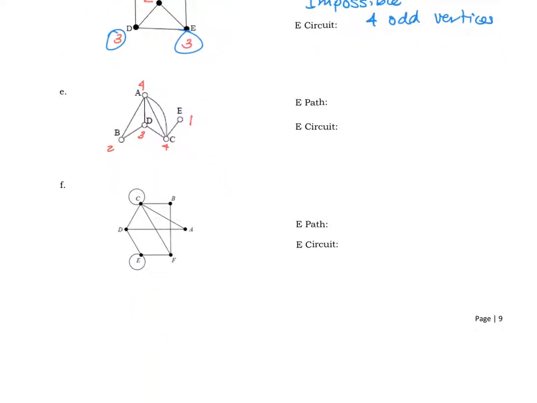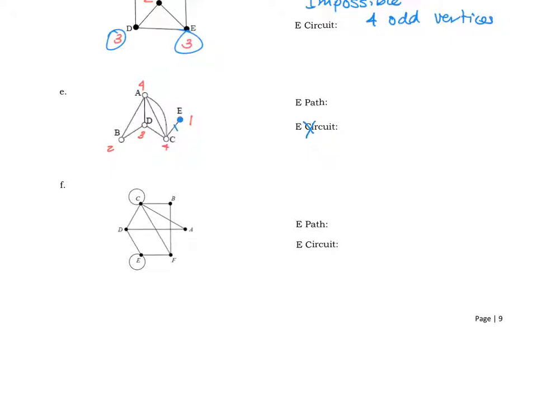Okay, let's look at E and F. So you'll notice with example E, I have exactly 2 odd vertices. So that means I'm not going to have an Euler circuit. All right, so for the Euler path, I'm going to go ahead and start with vertex E. So I am going to go from E to C. I think you see there's no other choice, right?